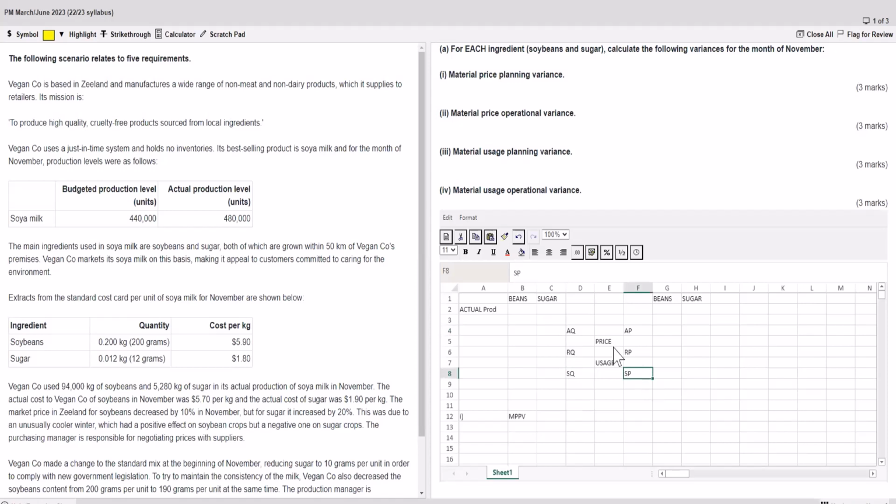So you can either just learn them or use my diagram. What I tend to do is put a triangle across the middle. So for price, you take the two prices and multiply by the top. And for quantity, you take the two quantities and multiply by the standard price.